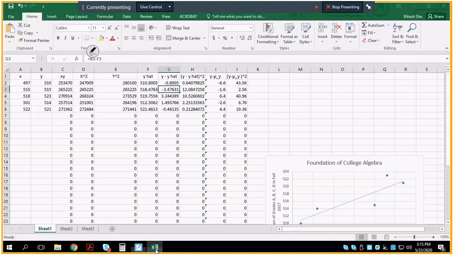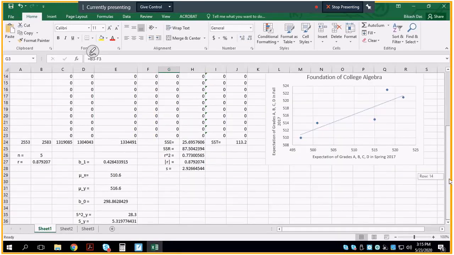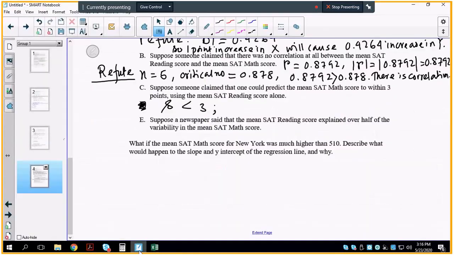Why don't we go back to the spreadsheet and check it ourselves? Small s for this problem was equal to 2.9266, rounded to 4 decimal places. So small s is 2.9266, which is indeed less than 3. So this is good, and I support the statement.